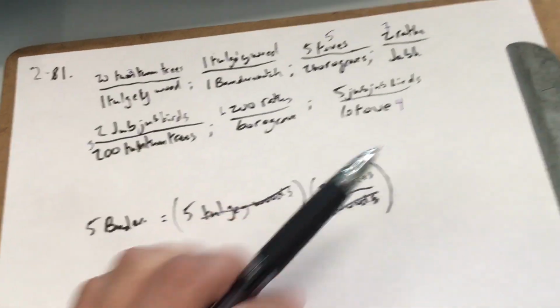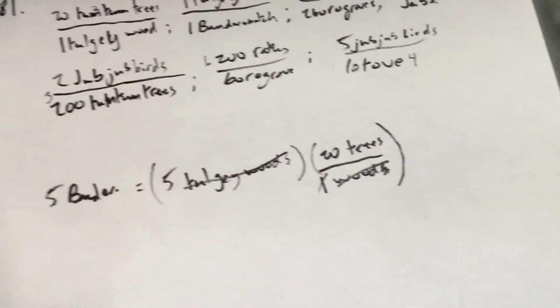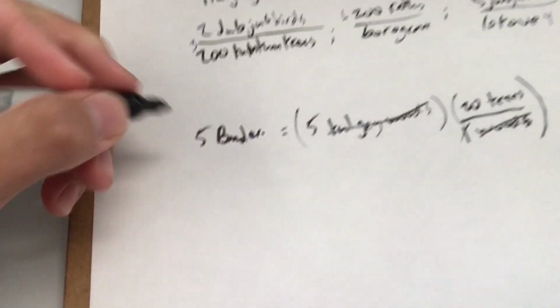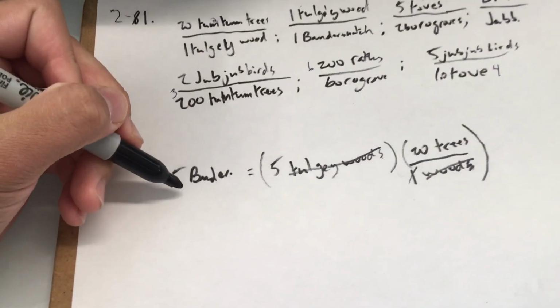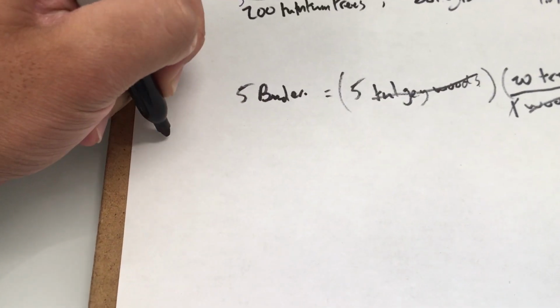Cool. So now we just have to write down all these values in here. And we have to do it like in dimensional analysis. So I'm going to rewrite all this down here. So since 5 bandersnatches is equal to 5 Tolgi woods, we don't have to write that. So I'm going to rewrite everything here.